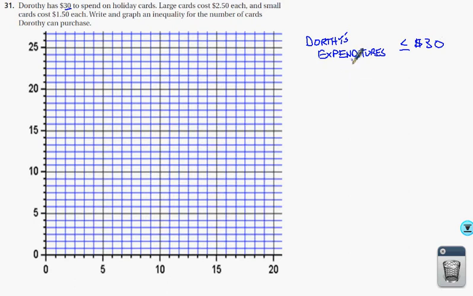So there are two types of cards. We have large cards. So we'll call the number of large cards X. X equals number of large cards. And we're going to let Y equal number of small cards.